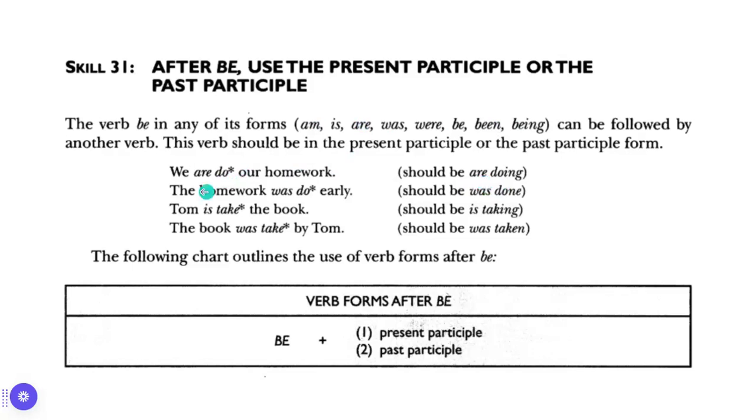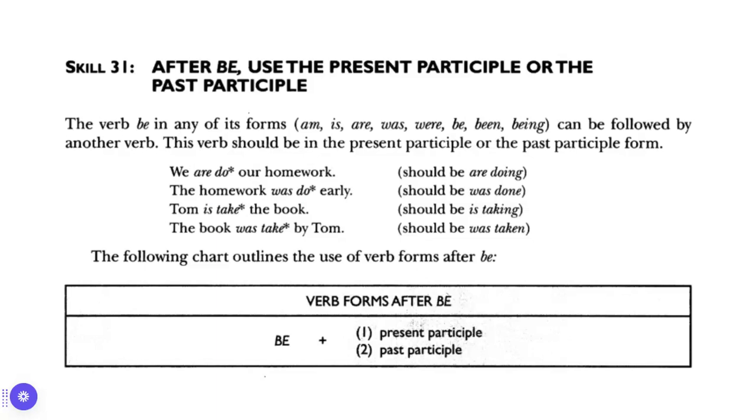Let's look at this sentence. This is a passive voice sentence. The homework was done early. And no was due. Tom is take the book. It should be Tom is taking the book. The book was taken by Tom.